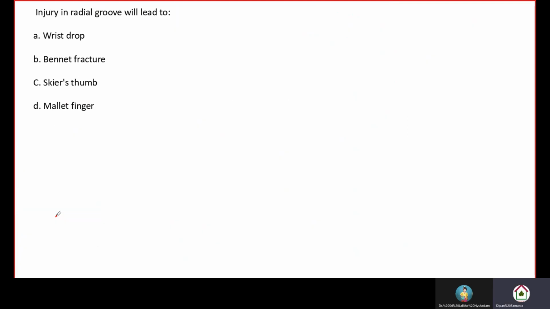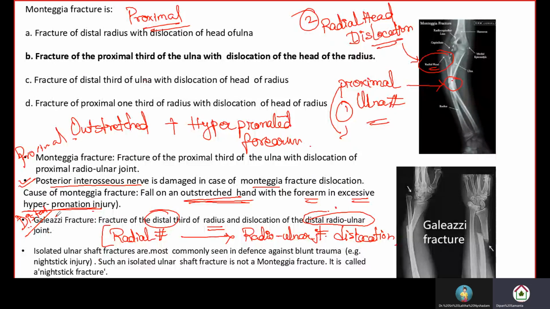Okay. So next question, injury in the radial groove leads to. Another thing is that isolated ulnar shaft fracture occurs sometimes. It is most commonly seen in defense against blunt trauma, and that is called nightstick injury. Such an isolated ulnar shaft fracture is not a Monteggia, but a nightstick fracture.